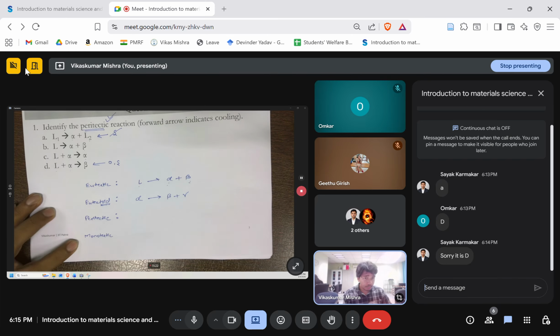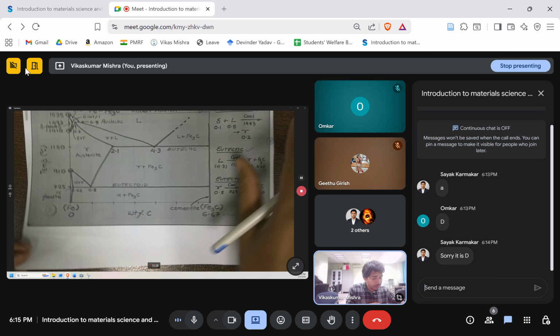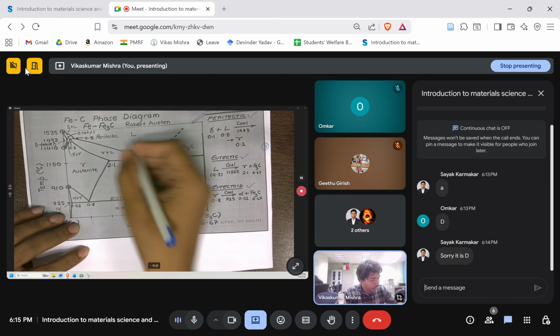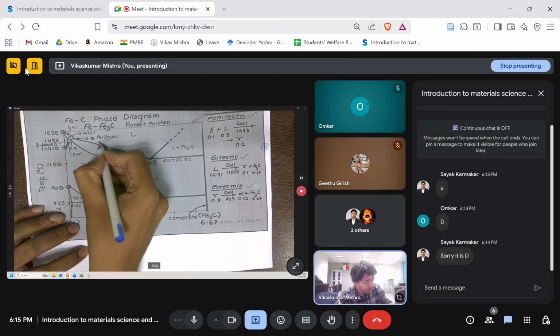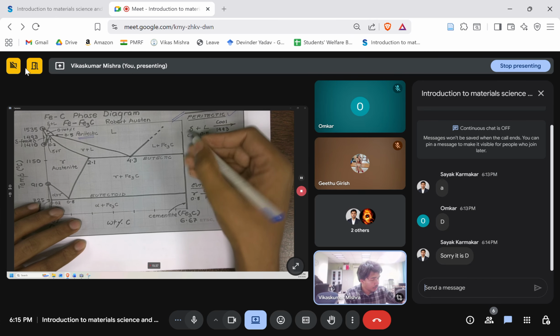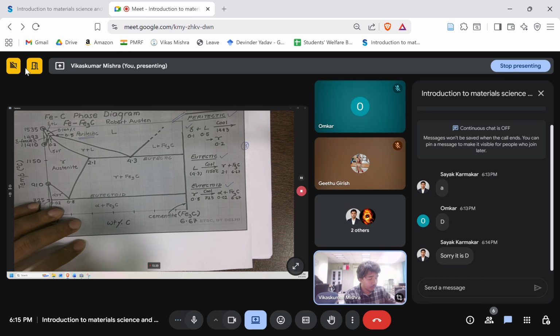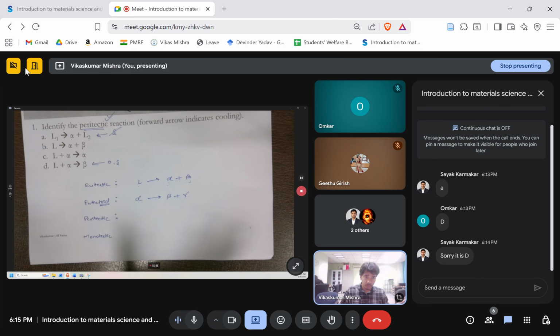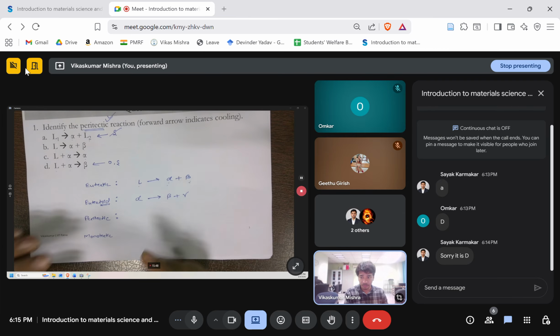Peritectic. In peritectic, what happens? One of the very important reactions in the iron carbon diagram: in the peritectic case, delta iron was there. It reacted with the liquid and gave rise to gamma. I should not use the word reaction, it's a transformation.